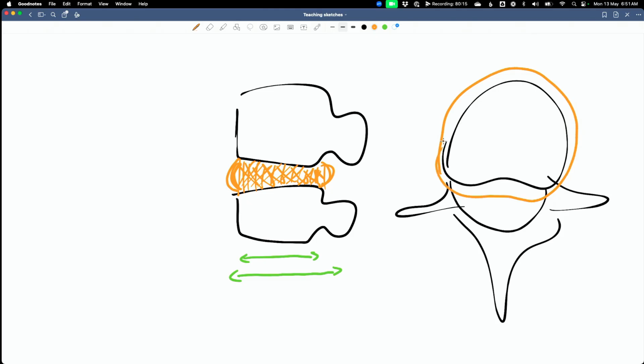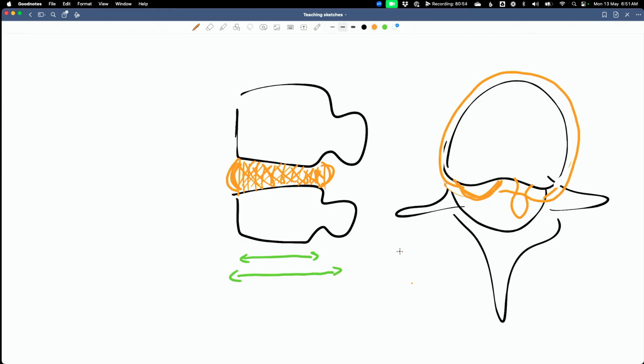Or there might be a focal herniation where it just bulges out a little bit. Or there might be an extrusion where it's kind of narrow and deep. It just describes different shapes and sizes of disc bulges. But a bulge is basically any of the above where it protrudes beyond the edge of the vertebral body.